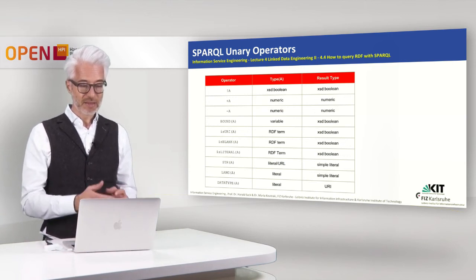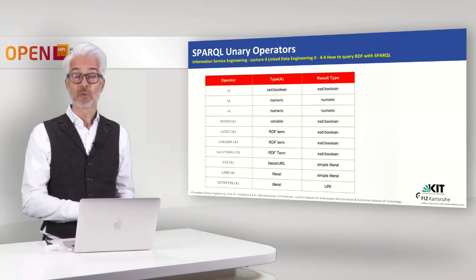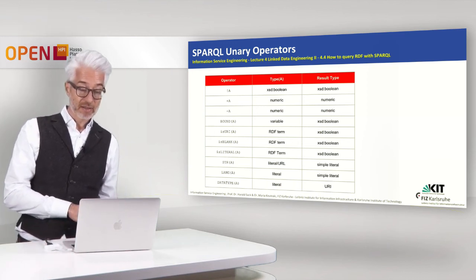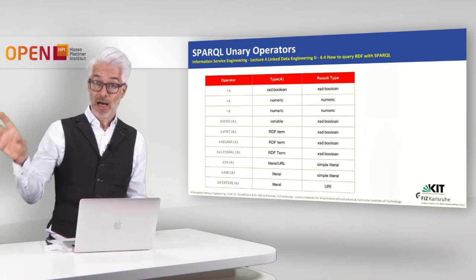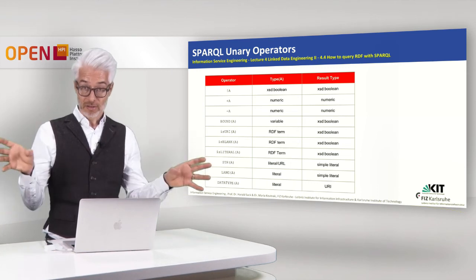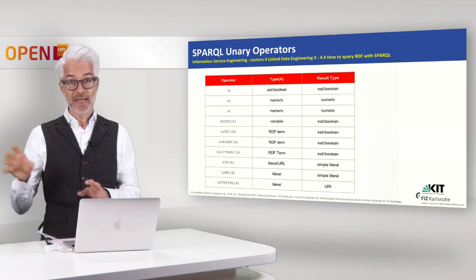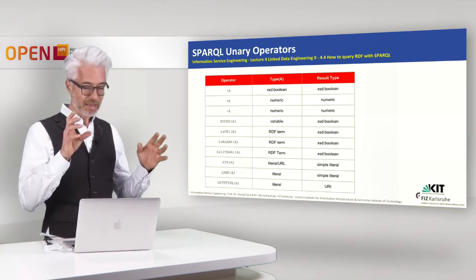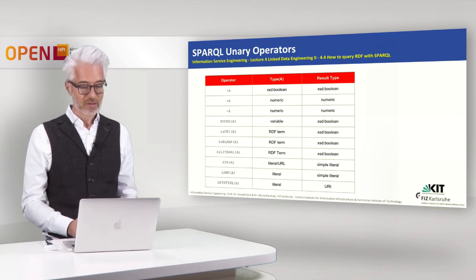Then I have other specific unary operators, for example, bound. When applied to a variable, this asks whether the variable has a value or not. So whether some RDF expression from our RDF database in the result is really assigned to that variable. If not, then bound will be false.